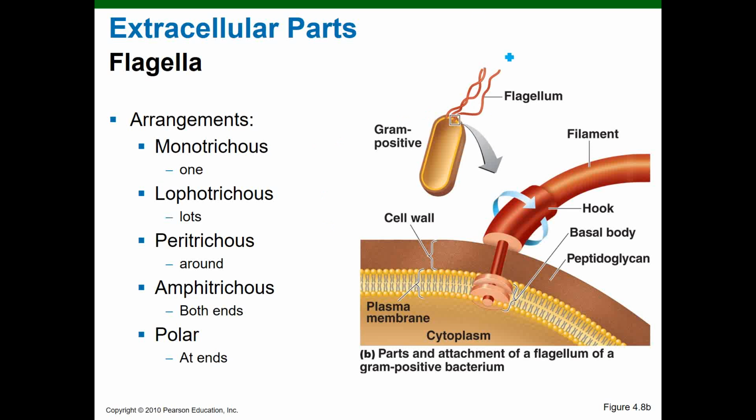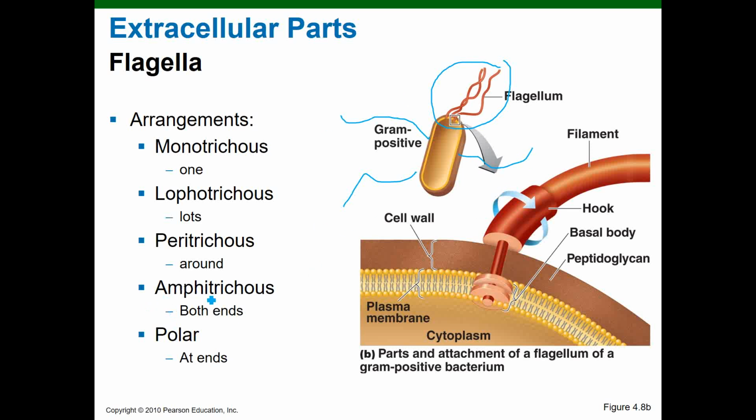All right, if you're a bacterium and you have flagella, you have a couple options. You can have just one flagellum, so you look like a little tiny sperm. That would be monotrichous. You can have a little tuft of flagella at one end, so he would be lophotrichous. You can have flagella all around the outside, so this guy would be peritrichous.